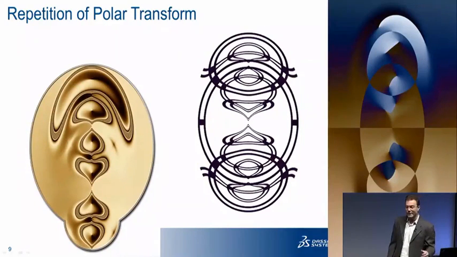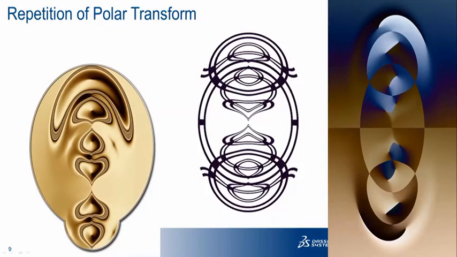Okay, so if you take that concept, the repetition of motifs and the application of sequential geometric transformations, you can play around with that, and you can take something like a circle and apply multiple instances of the geometric transformation to that.